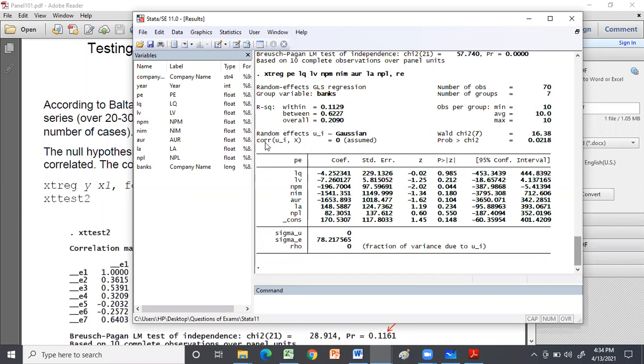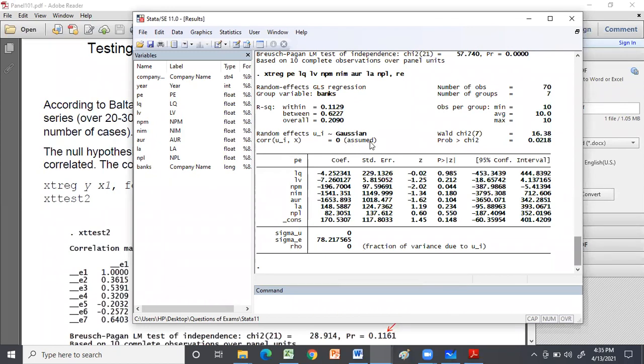But here, in the random effect model, that is the opposite, which is there is no correlation between the within entity's error term and the independent variables X. So the within entity's error term is uncorrelated with the explanatory variable or independent variable. And that's why their correlation is assumed to be zero.